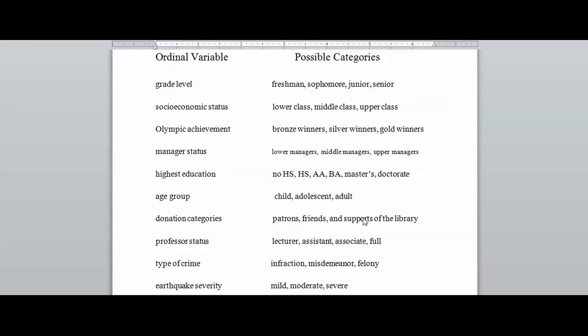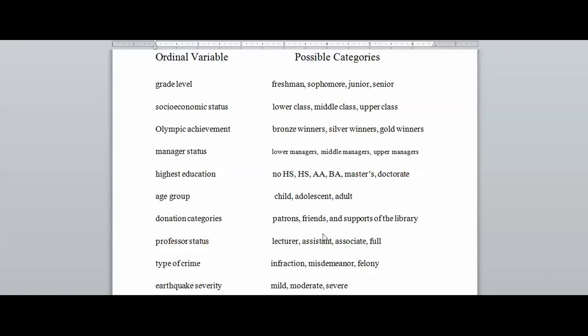Just like how, in my other example, a person doesn't have to win a bronze first and then win a silver and then win a gold. A person could win a silver medal first or win a gold medal first. So it's not necessarily a series of categories where a person has to start at the bottom and then move up one category at a time.